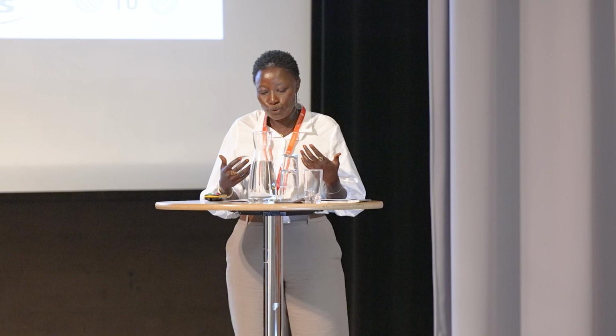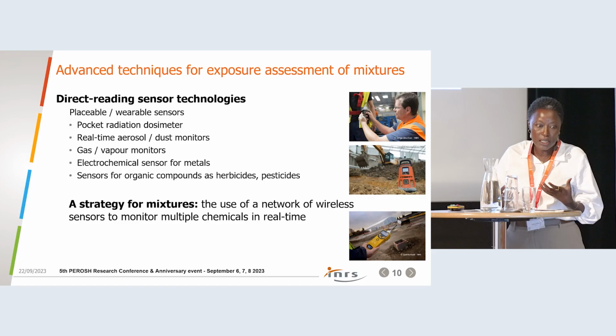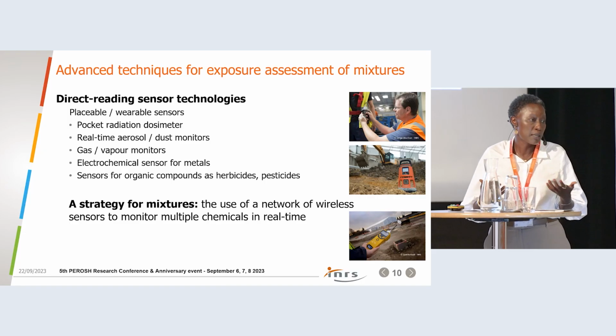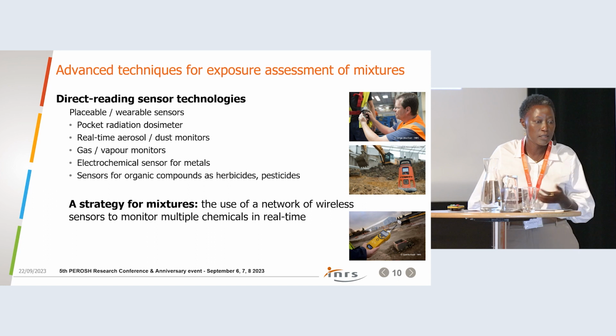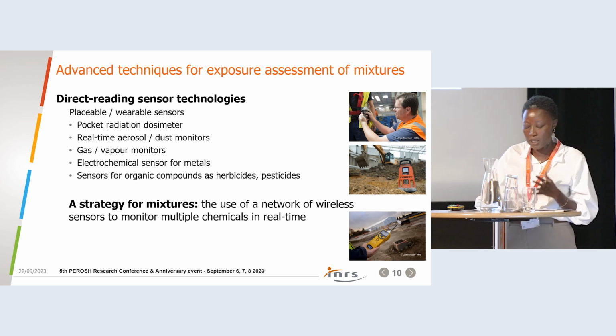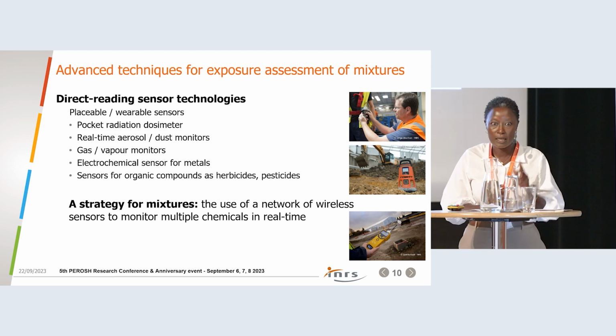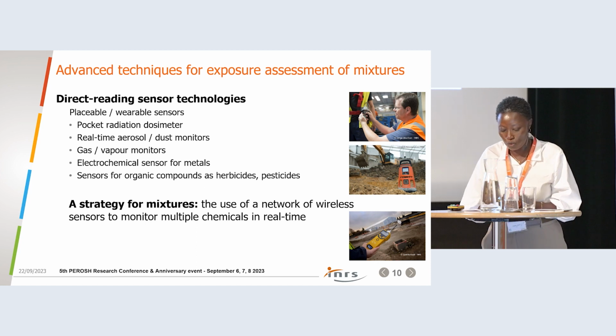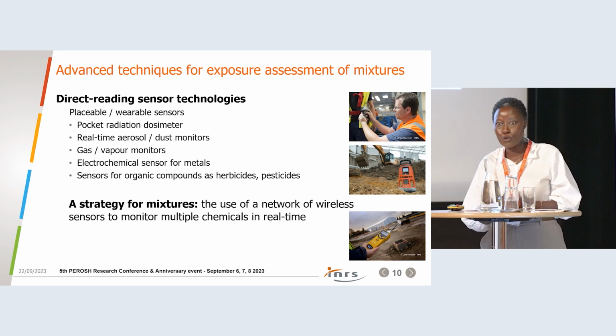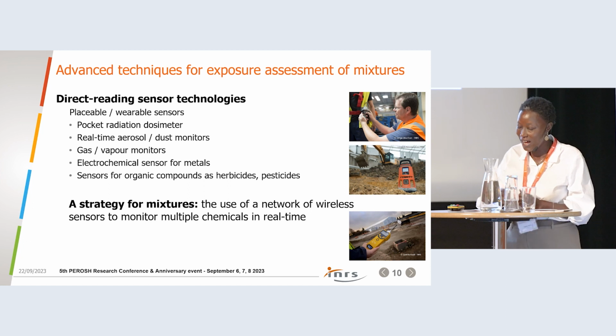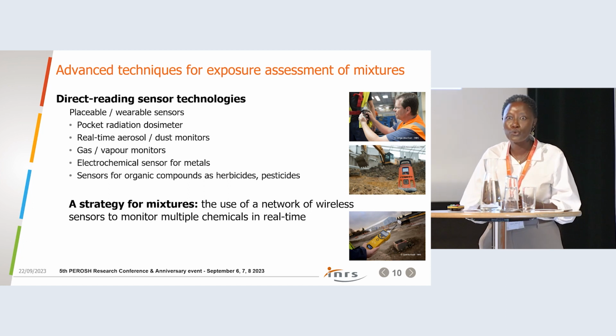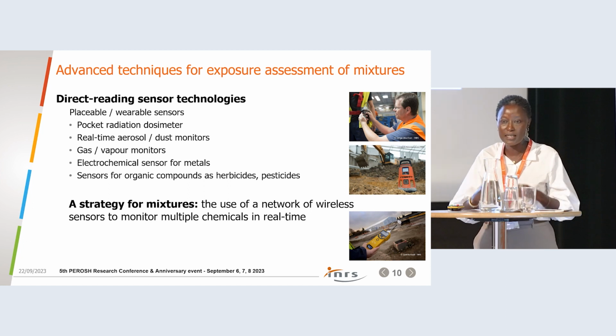So when trying to tackle the complexity of a mixture, one strategy may be the use, for example, of a network of wireless sensors to monitor multiple chemicals in real time. And this afternoon, my colleague from ENRS, Naresh, who is here, will give a talk about the use of those networks of sensors.